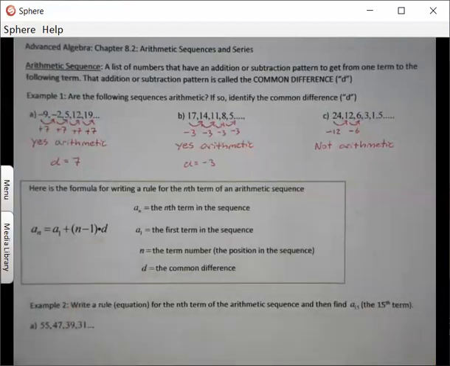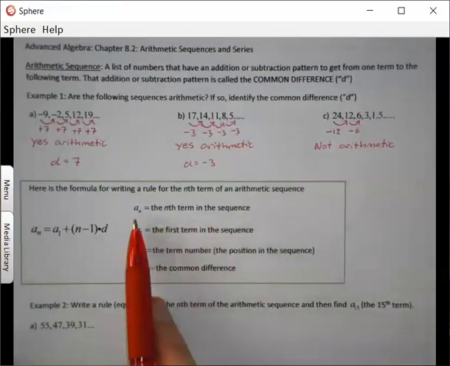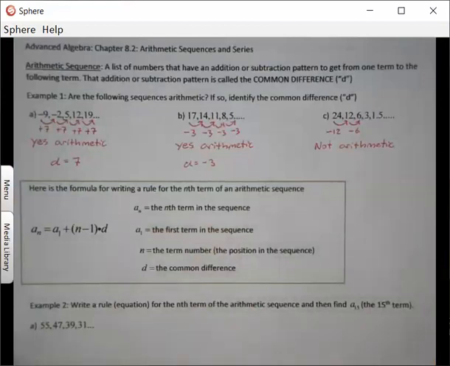So a sub n represents the nth term in the sequence. Now that n could be anything. We could choose an n, so if we wanted to find a certain term. Sometimes you'll be given an n. So for example, a sub 1 represents the first term. n is the term number. d, again, is the common difference.